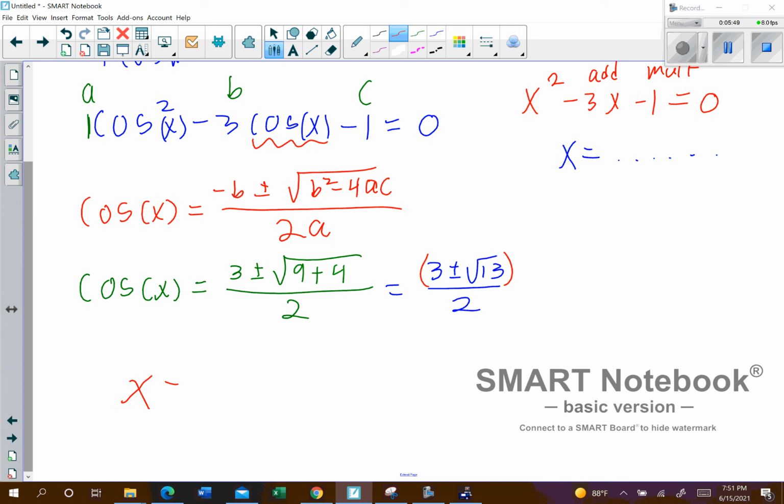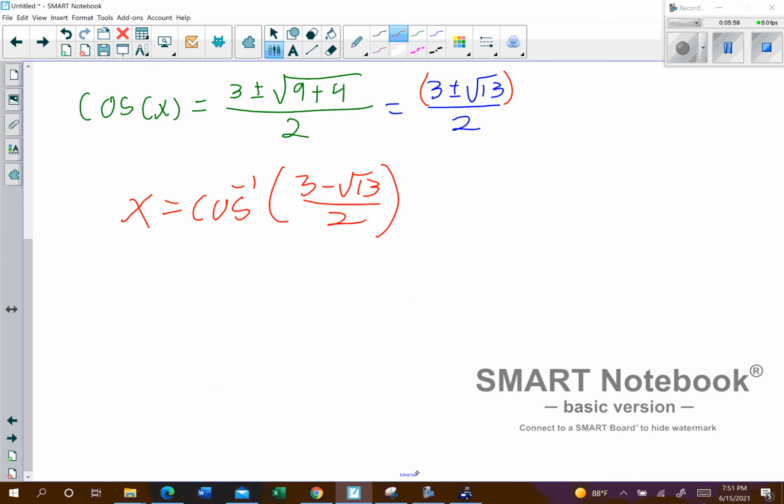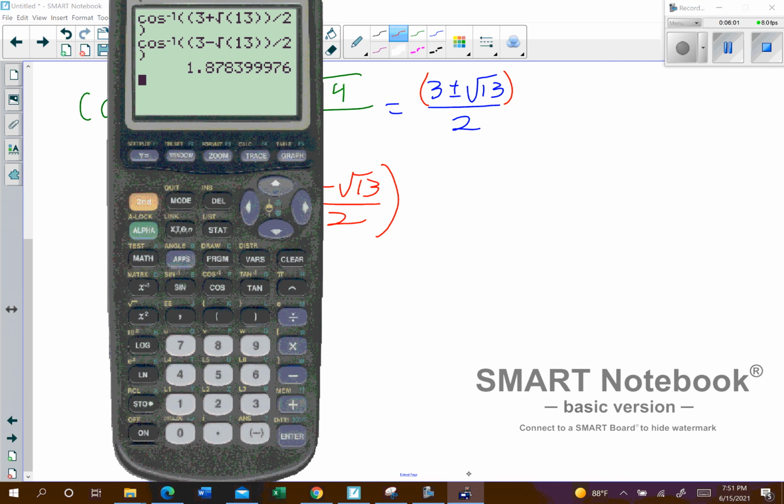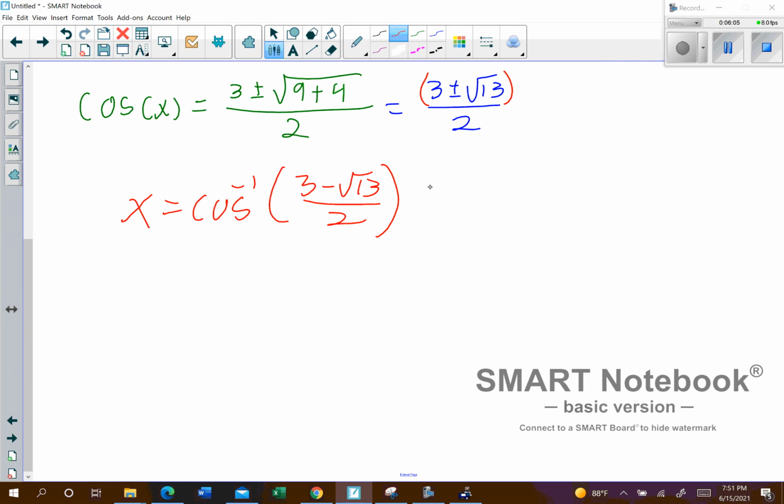So we have x equals the cosine inverse of 3 minus the square root of 13 all over 2. And so we got 1 point, that's going to round to 1.88, and that's radians.